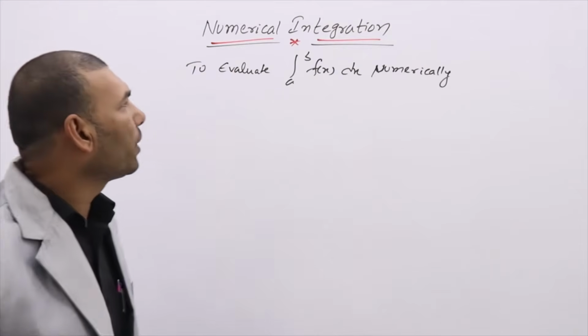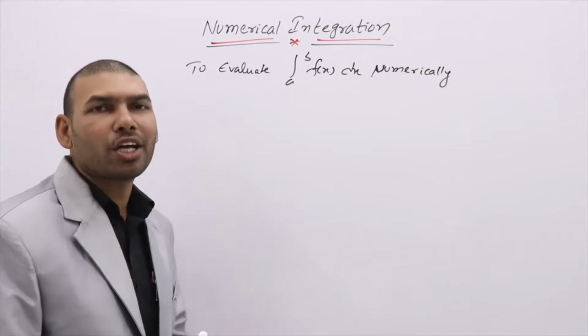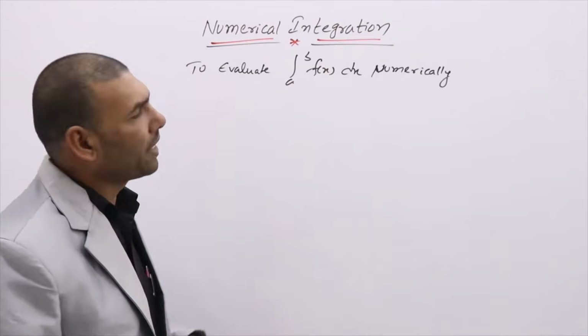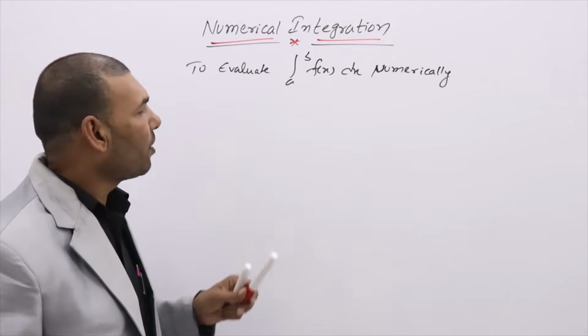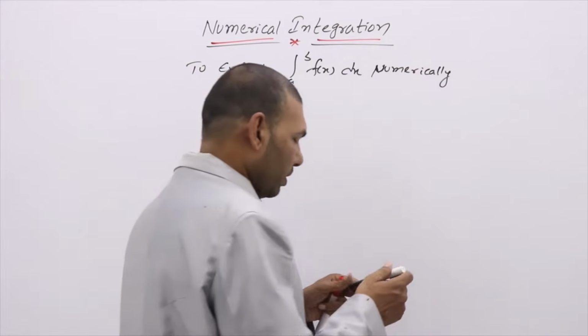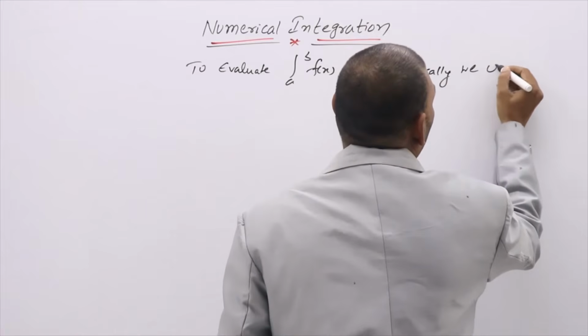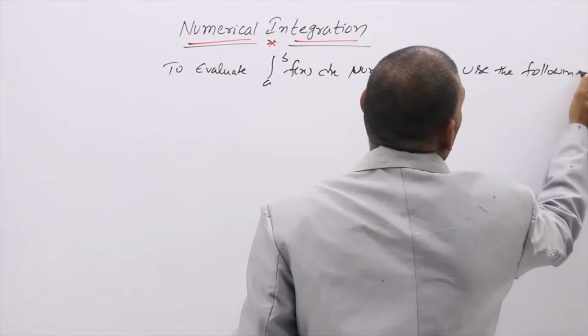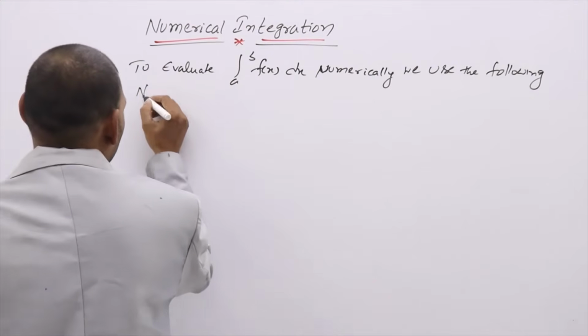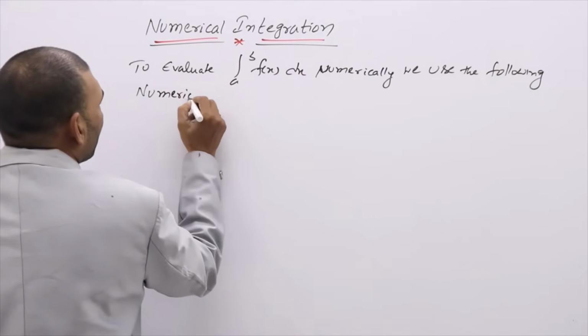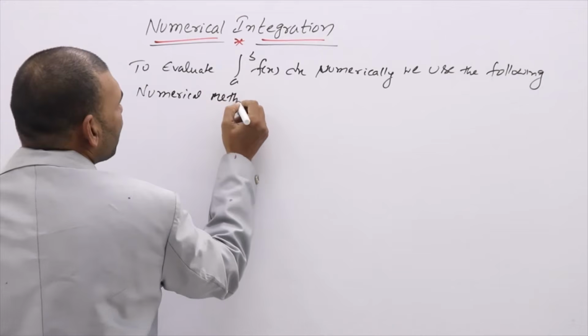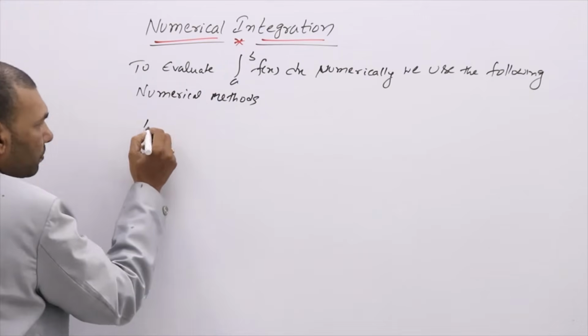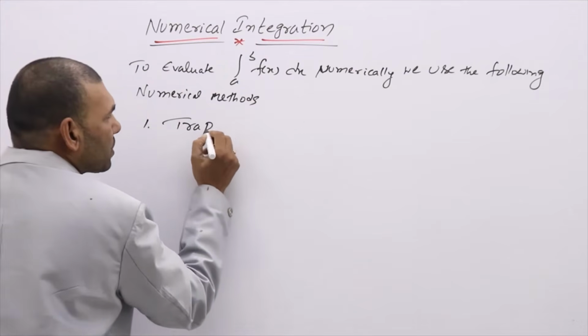Now we are going to see what numerical methods are used to evaluate the integral a to b f of x dx numerically. We use the following numerical methods. Here we are going to use three famous numerical methods. One, the Trapezoidal Rule.